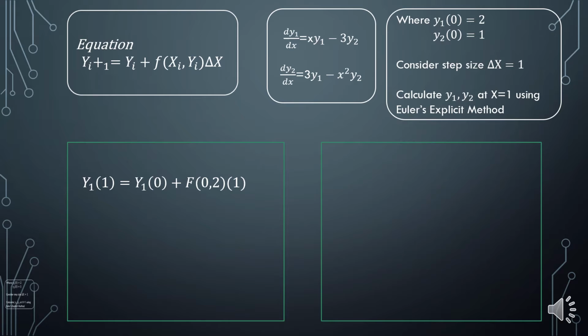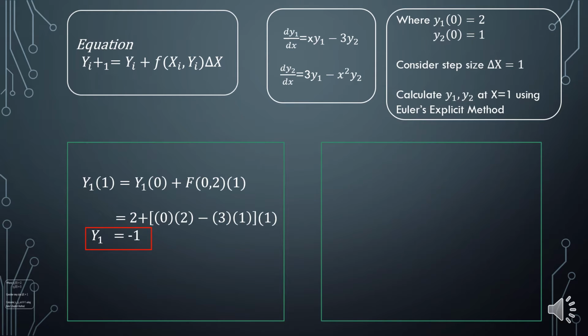So y1 when x is 0 is equal to 2, and in its condition, y1 at 0 is 2 plus x, which is 0, times y1, which is 2, minus 3 times y2, which is 1, times the step size. Then we get y1 when x is 1, and we have here the answer of -1.